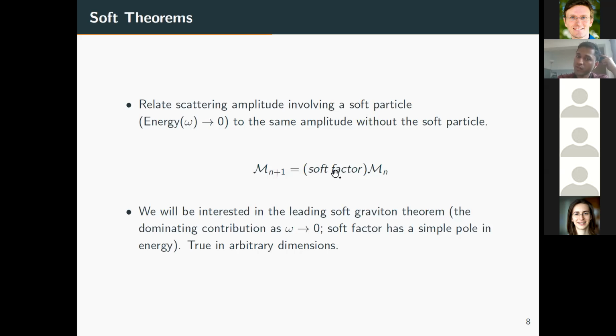This soft factor is divergent in the limit of the soft particle's energy going to 0, with a simple pole. And this theorem is true in arbitrary dimensions for gravity and for other gauge theories as well.